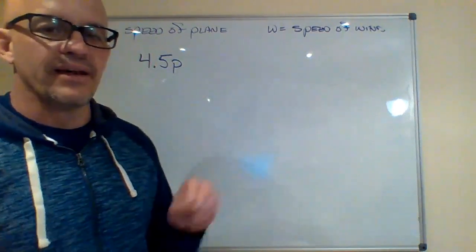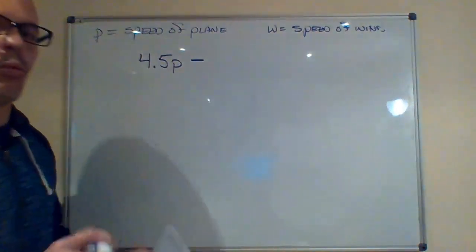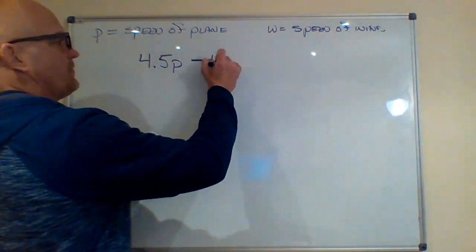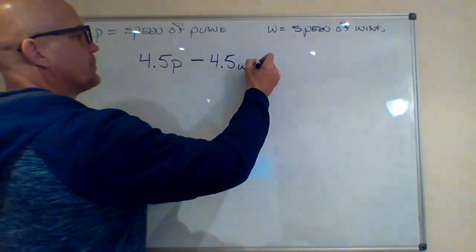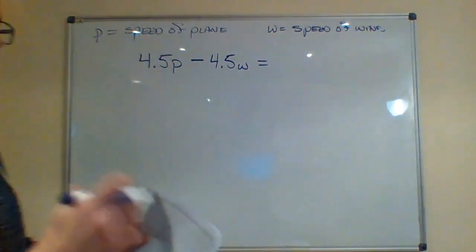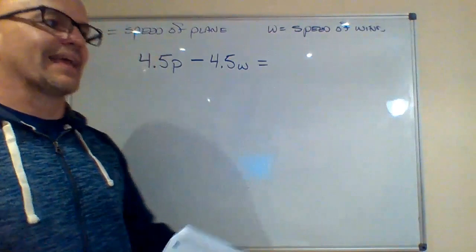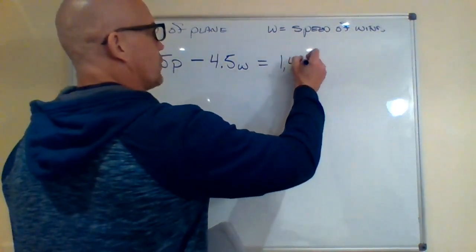Since it's fighting the wind, we have to subtract from that what the wind has done to it. The wind also affected it for the 4.5 hours of the trip, times W. Once you do how far the plane tried to go and how much the wind pushed it back, the grand total if it finishes the trip is 1,440 miles.